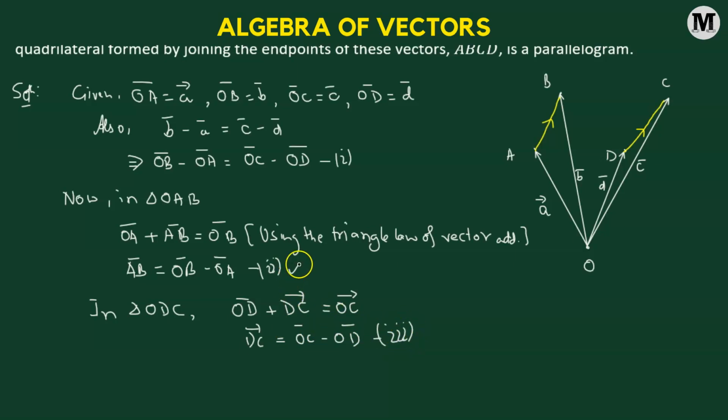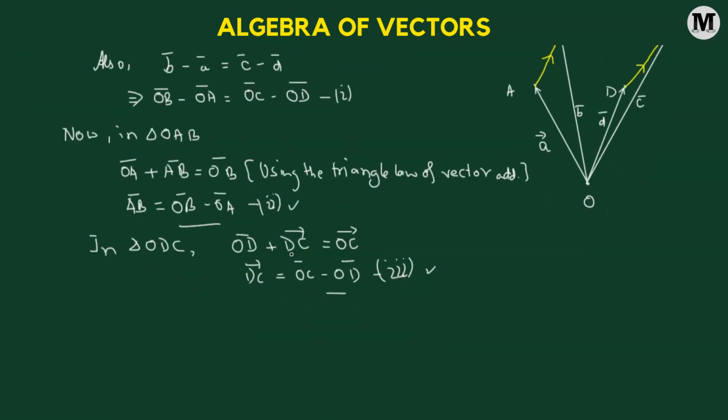Now 2 will be exactly equal to 3, because from 1 we have OB minus OA equals OC minus OD. So here we can say that the right hand side of both equation 2 and 3 matches. So that means the left hand side must match. That means AB vector will be equal to DC vector.